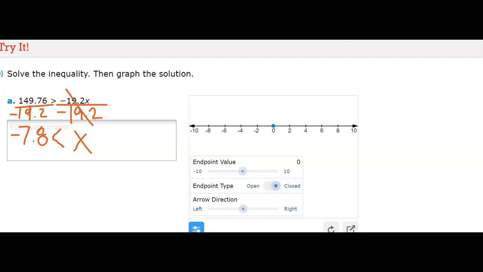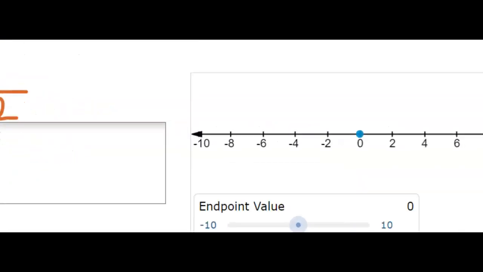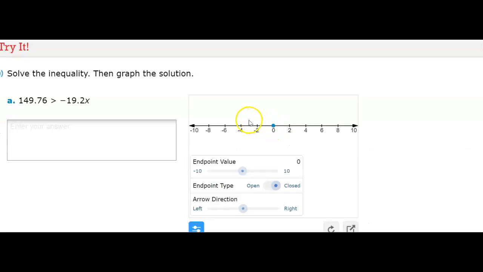So we need to now graph this. So -7 and 8/10 on our number line. Let's see, about here on the negative side. And so -7 and 8/10 will be about here.